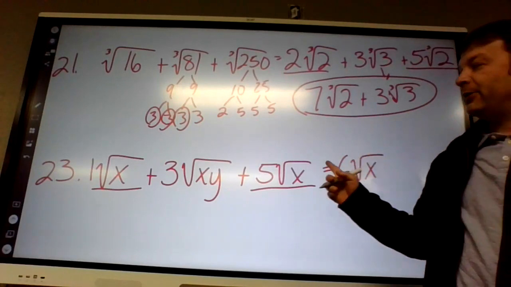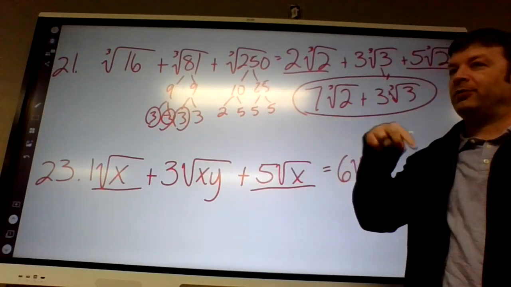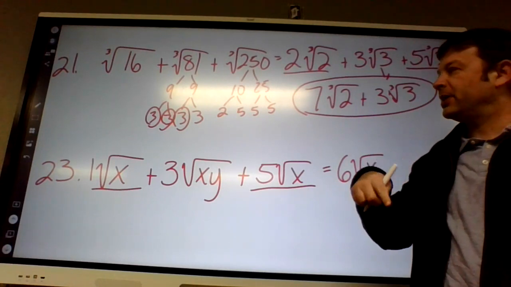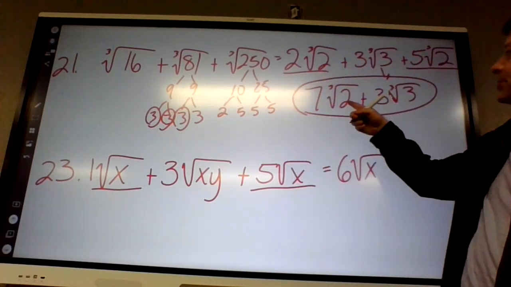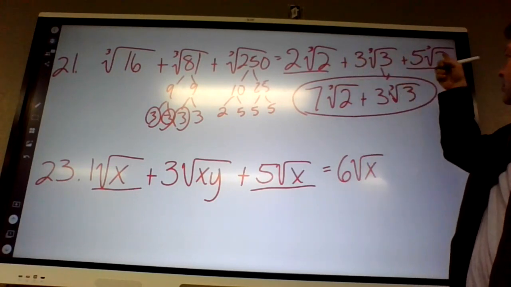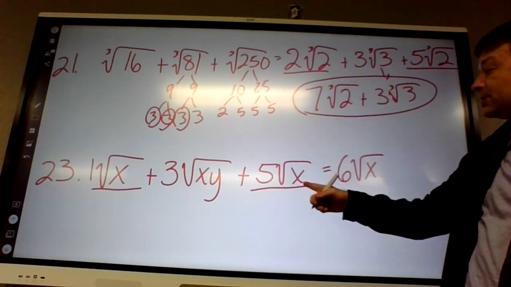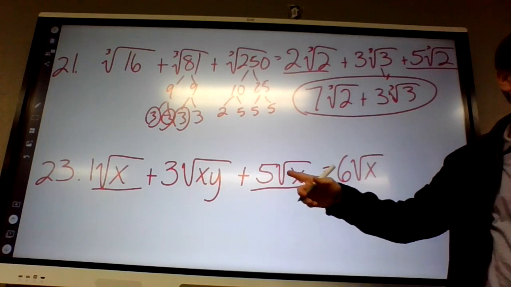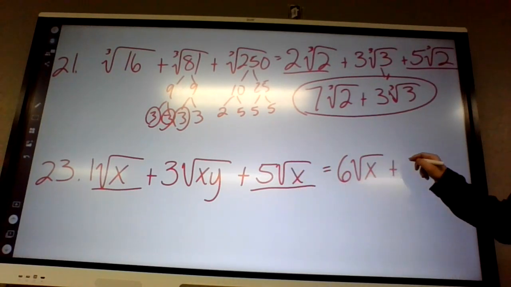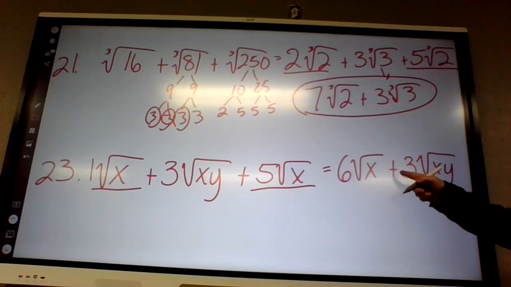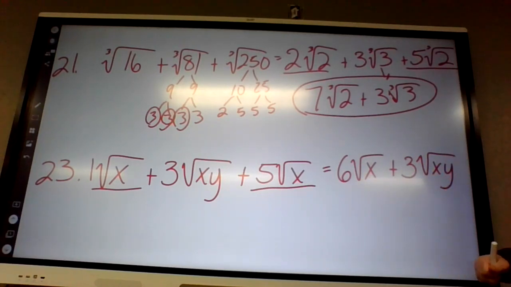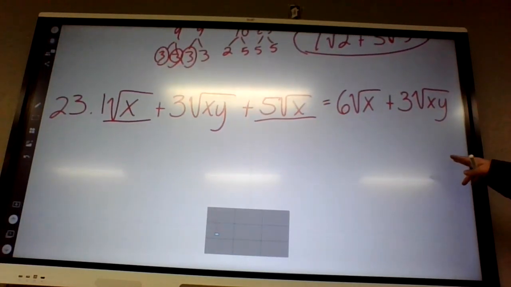No. It would be x squared if we were multiplying, but we're not. Remember when we added these, it stayed at 2. Like the cube root of 2 stayed cube root of 2. So this is going to stay square root of x. Okay. And then, can I add it with this? No. That's it? Yeah.